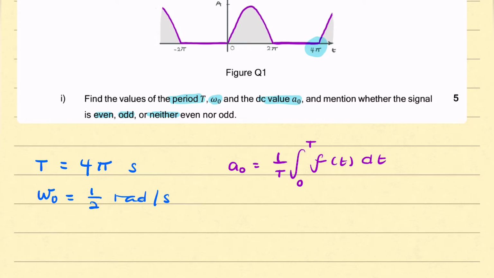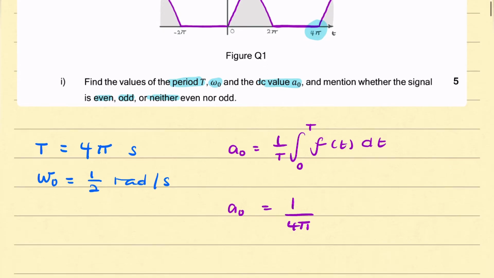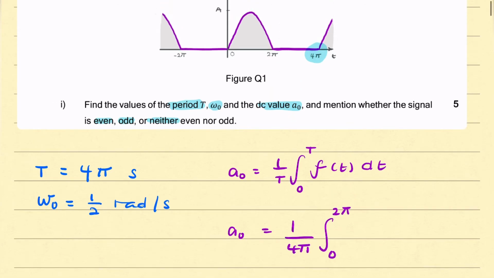So let's write out what we've discovered. 1 over T, that means 1 over 4 pi. And instead of integrating to 4 pi, we'll only integrate to 2 pi, because beyond 2 pi is just 0.